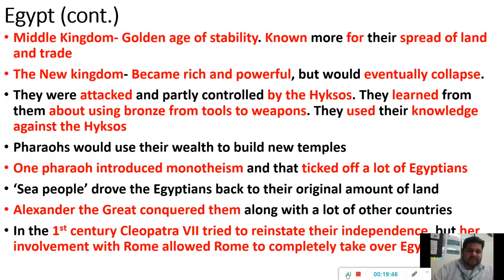All right. Now, the pharaohs would use their wealth, their power, their money to continue building temples after temples. But then one pharaoh in particular said, you know what? Instead of having a god for the sun, which was Ra, how about just one god for everything?